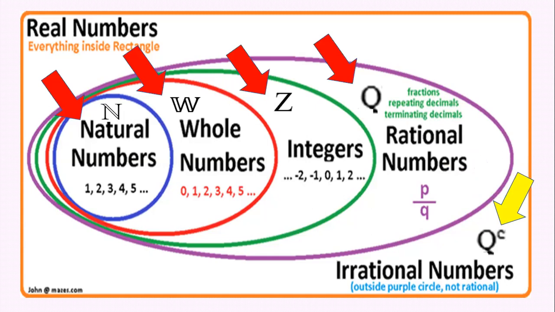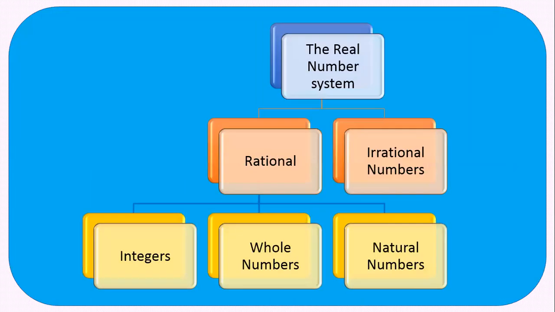So, the real numbers are simply all the numbers included in the rational numbers and irrational numbers. The real number system is simply all rational numbers and irrational numbers combined.